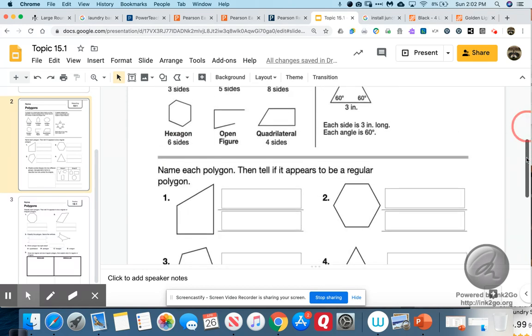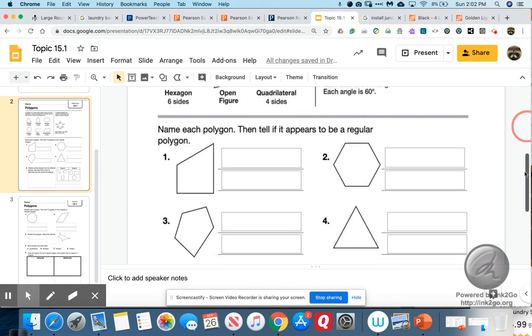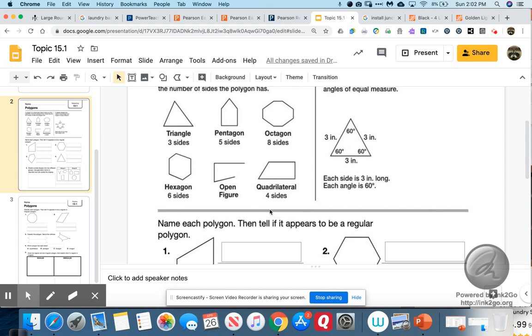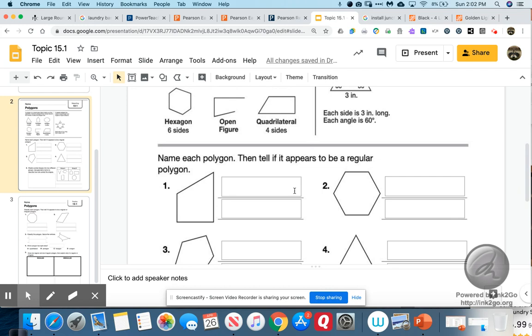Okay, so now let's look at your assignment. What we're going to do is look at each polygon and tell if it appears to be regular or irregular. So here we have a polygon. Let's count the sides. We've got 1, 2, 3, 4. So a 4-sided figure. And if we look up here, which shape has 4 sides? A quadrilateral. So I'm going to type that here.